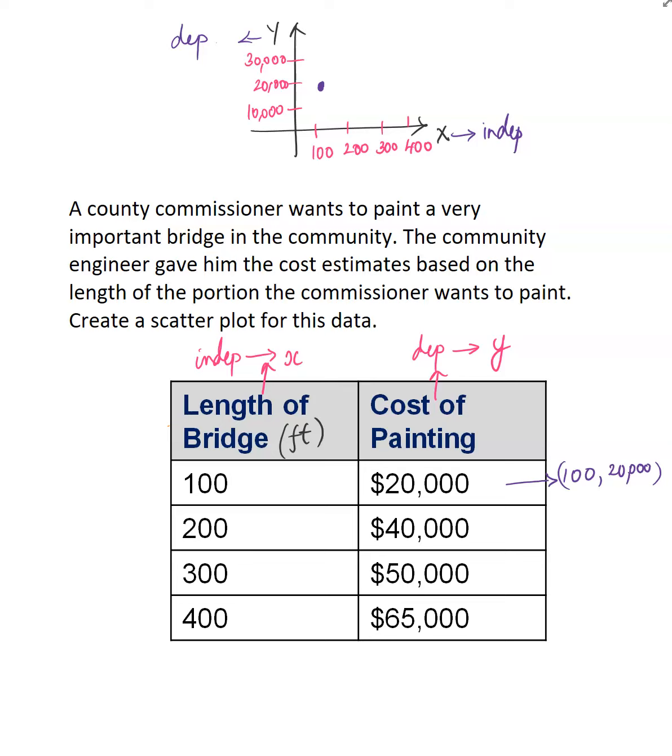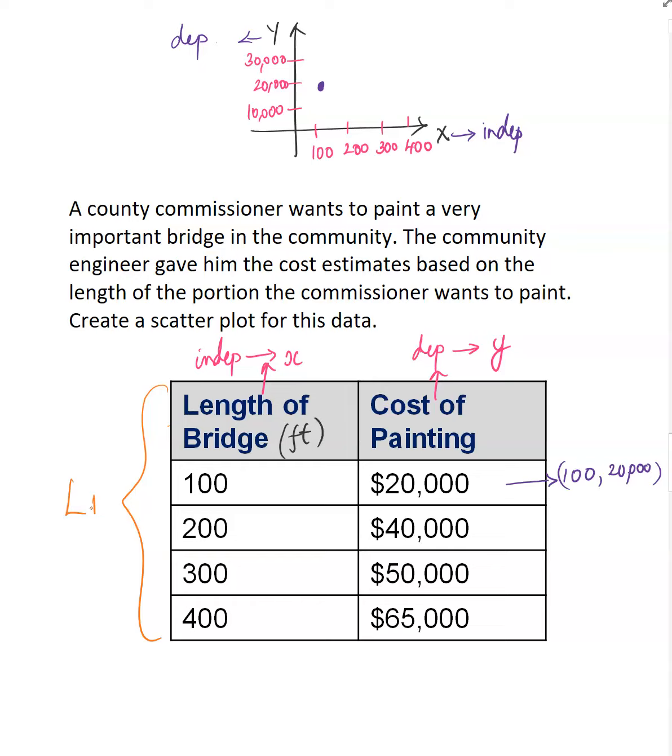Under Edit, you have Edit, SortA, SortD, and so on. Stay on Edit, go down to the first one, number 1, Edit. Then go to L1 and enter this data in L1, the length of the bridge. This one goes in L1.